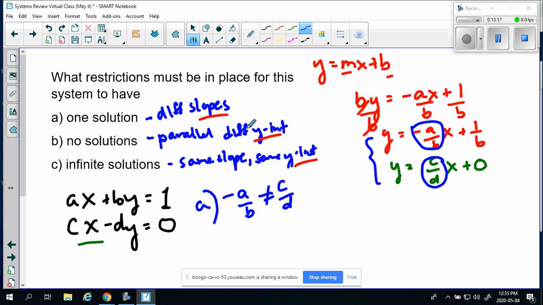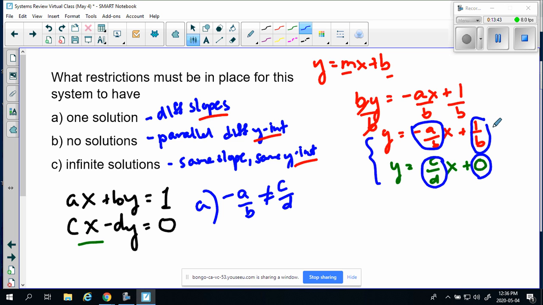If you want it to have no solutions, they have to be the same slope but different y-intercepts. Now, if you look at these y-intercepts here, you have a y-intercept of 1 over b, and you have a y-intercept of 0. Those are never going to be the same. This is interesting because you can't ever choose a value of b to make this 0. Now you might say, well, let's let b be 0.